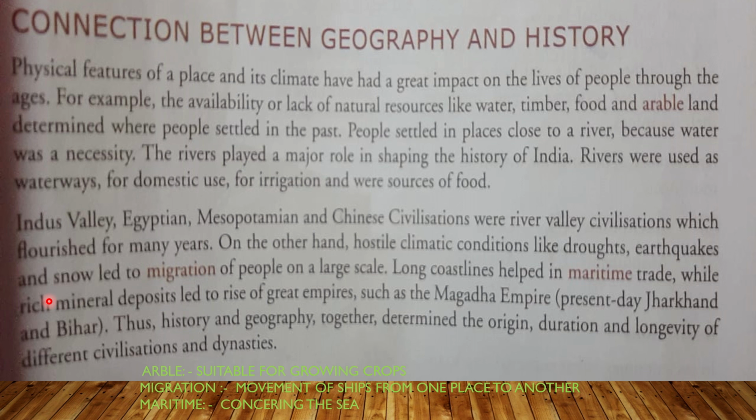Long coastlines helped in maritime trade, while rich minerals led to the rise of great empires such as the Magadha Empire, Delhi Sultanate, and Gupta Empire. Maritime is about conquering the sea; they were also trading across the seas at that time.